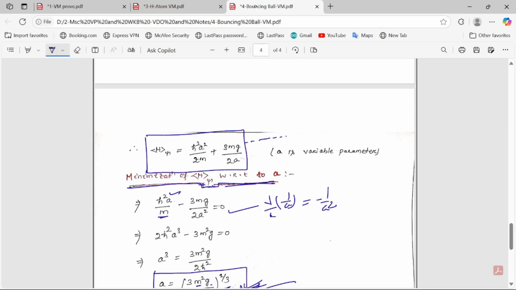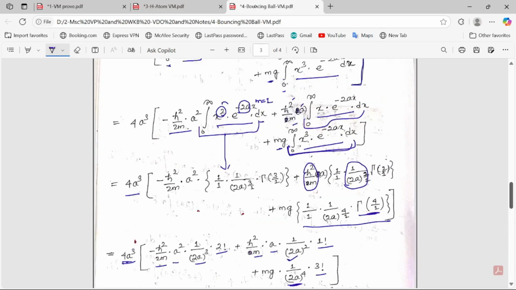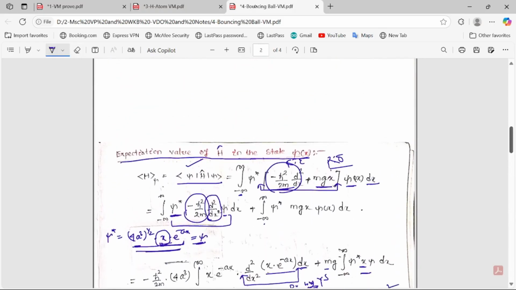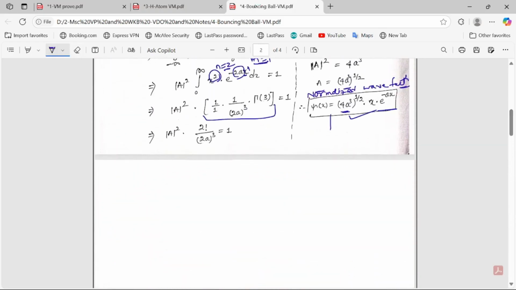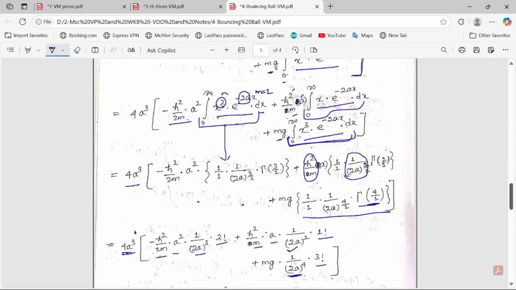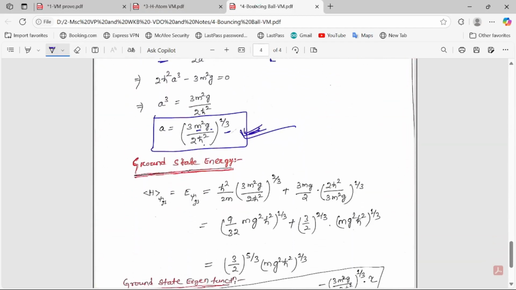Suppose we call the normalized wave function equation number 1, and this one equation number 2. So put this a value in equation number 2, and in equation number 2 we get, you just add this line in your note.